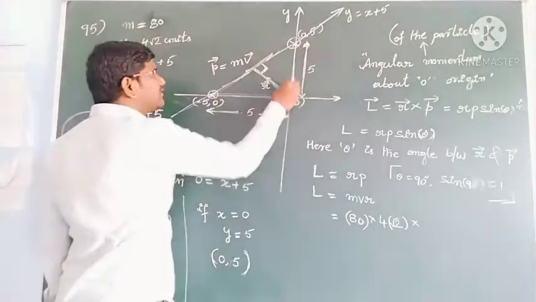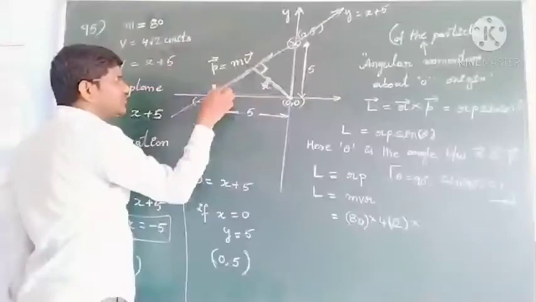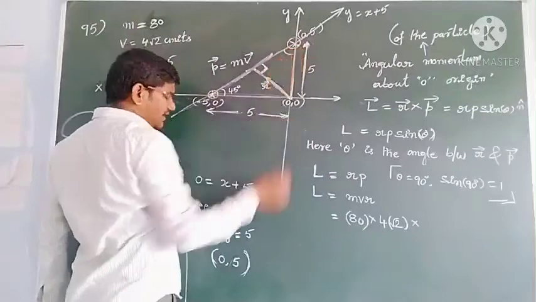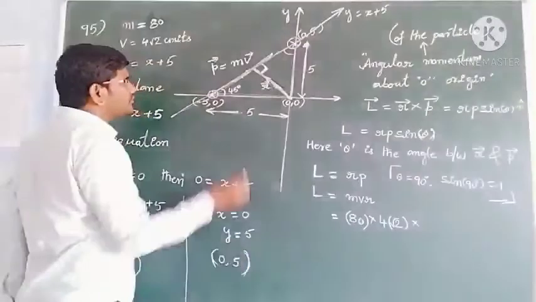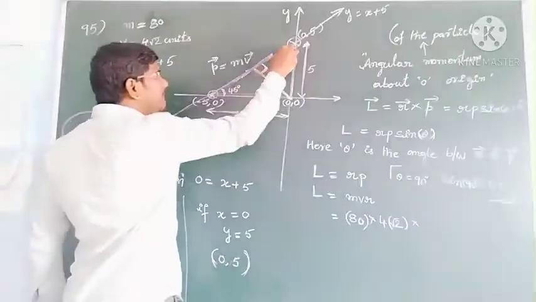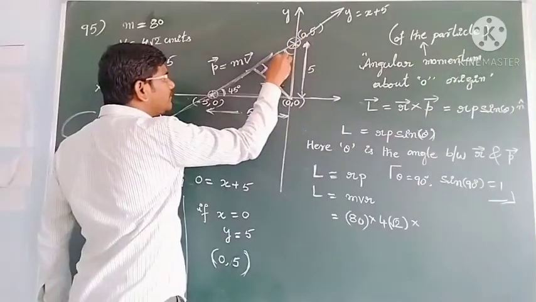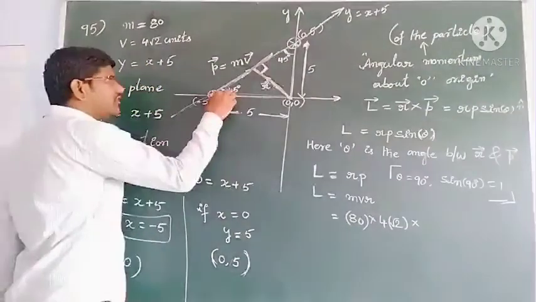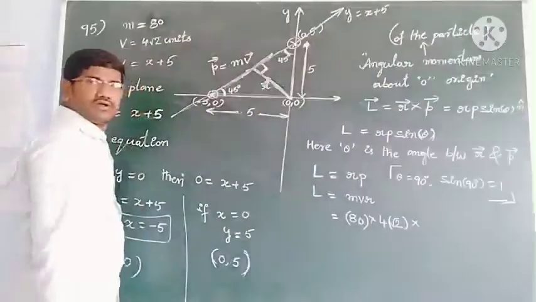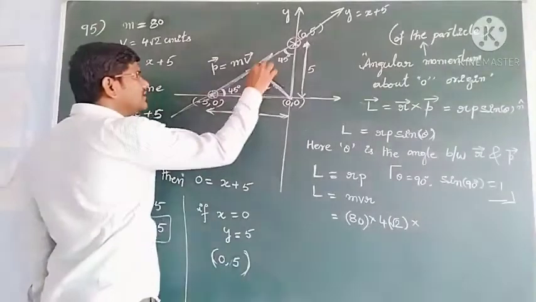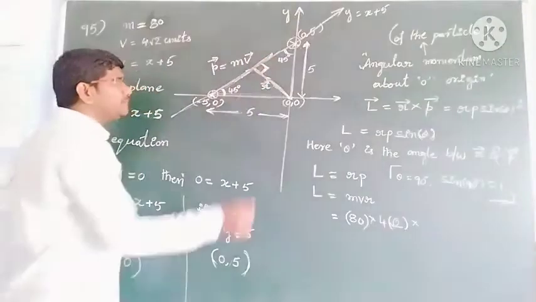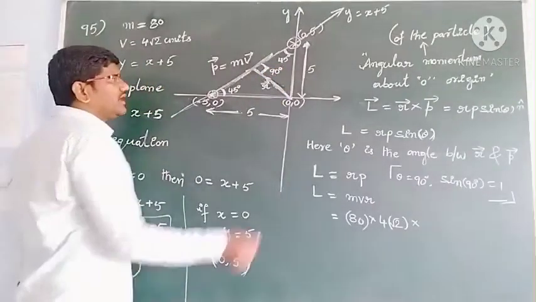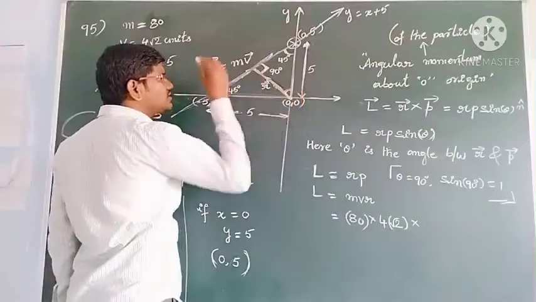So for this big triangle, how many degrees is this angle? This is 45 degrees. This is a 45 degrees angle and this is also a 45 degrees angle. So here 45, here 45, and this is 90 degrees. Okay students, the rest of this angle is also 45.